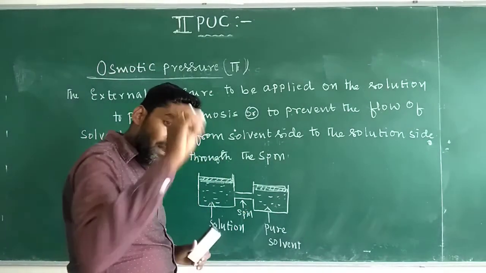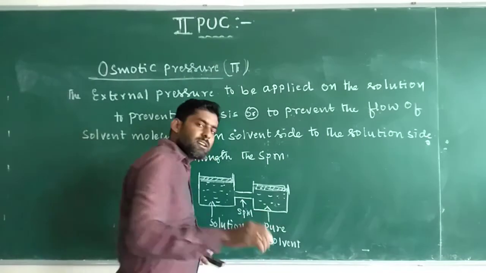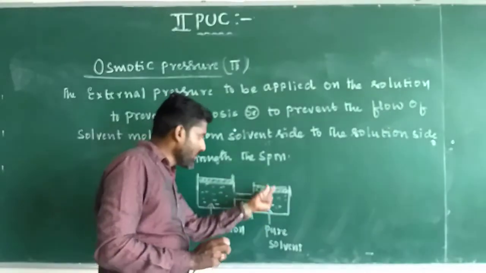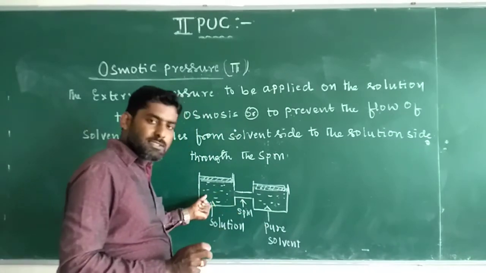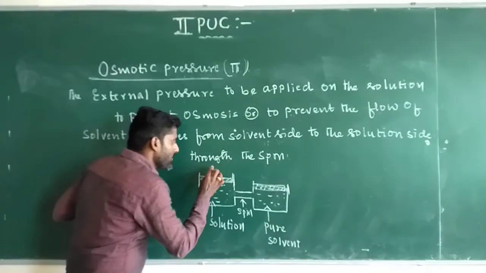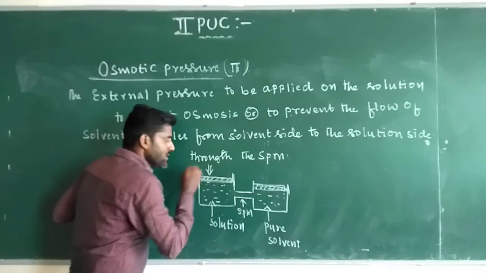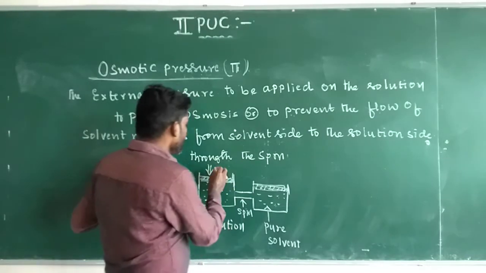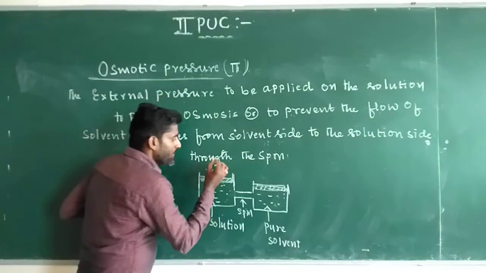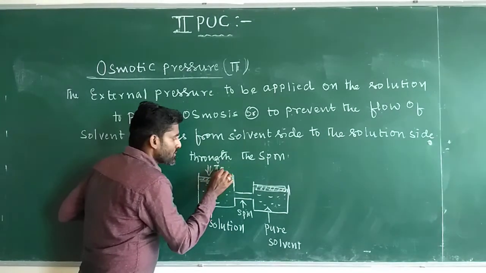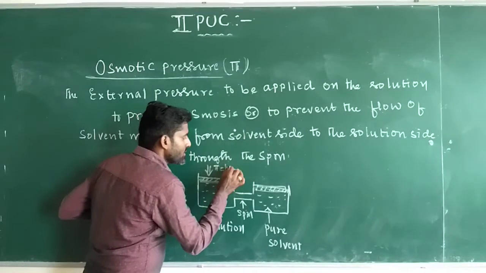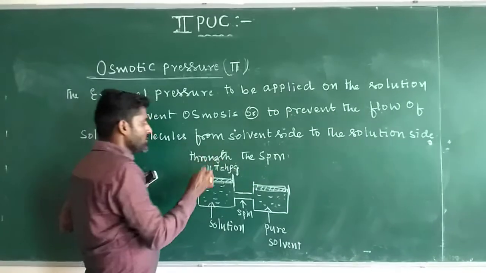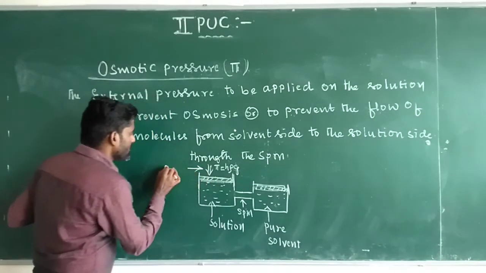But to prevent the process of osmosis, to prevent the movement of solvent molecules from solvent side to the solution side, the external pressure is applied equal to the osmotic pressure. So here pi is equal to h rho g. So this is the osmotic pressure.